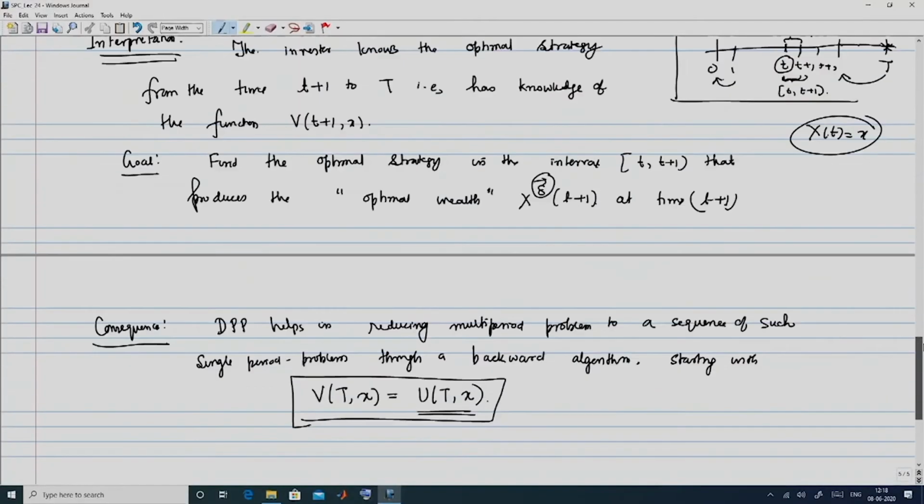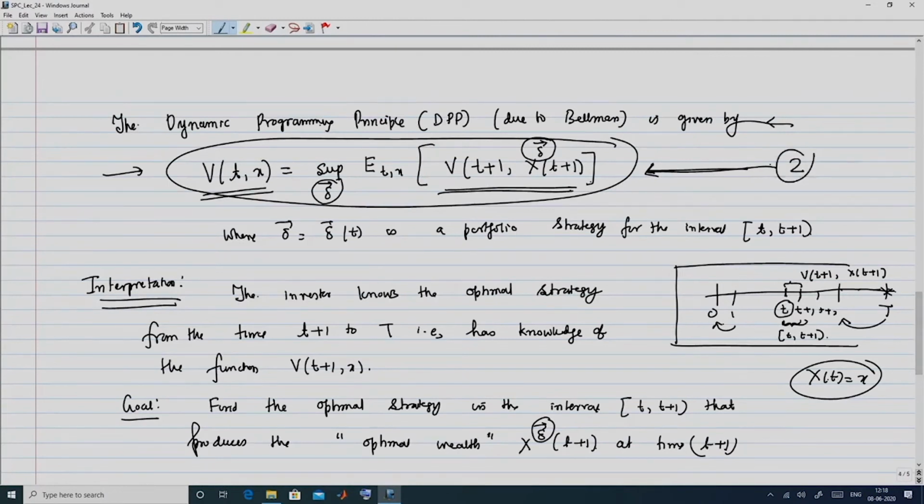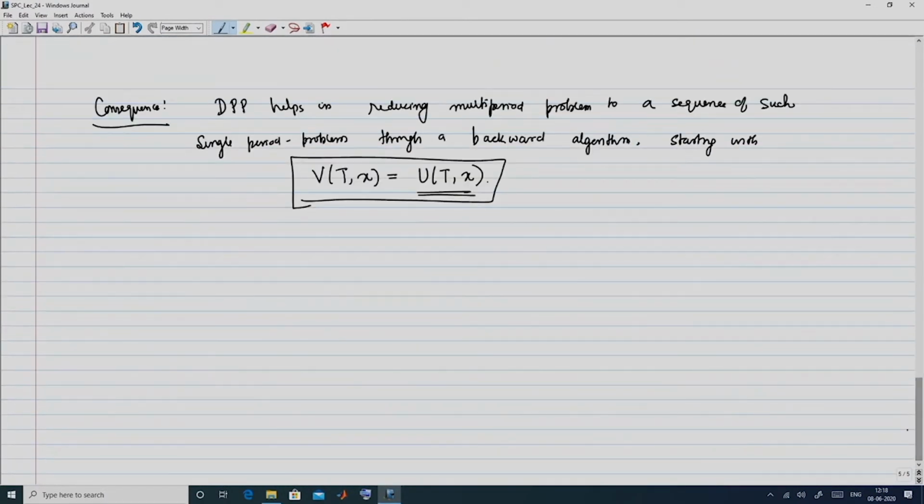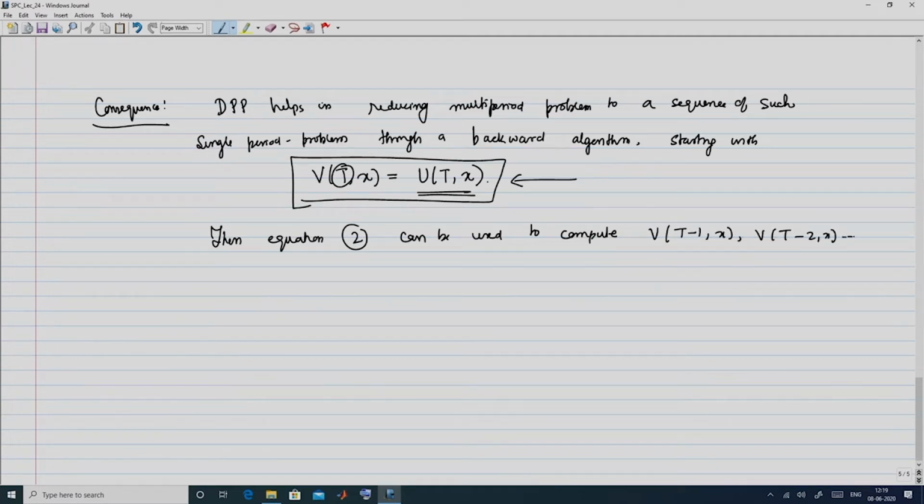So, let me just come back to this equation, let me call this equation 2. Then equation 2, or the DPP, can be used starting from V at time capital T to compute the value function at the preceding time level, that means V at t minus 1, x, and recursively V of t minus 2, x and so on.